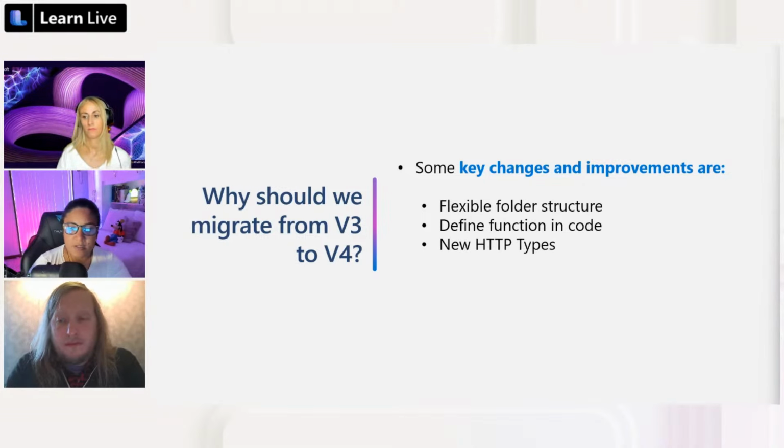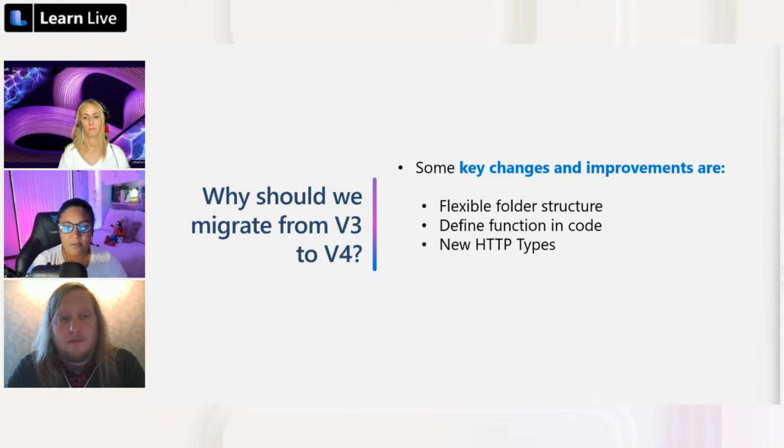Another thing is the new HTTP types. In the v4 model, the Azure Functions product team adjusted the HTTP request and response types to be a subset of the fetch standard. The standard type is unique to Azure Functions.